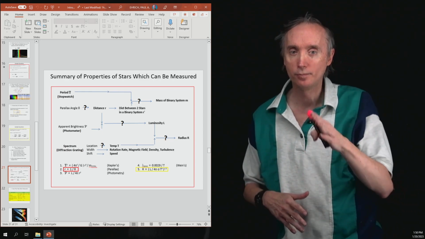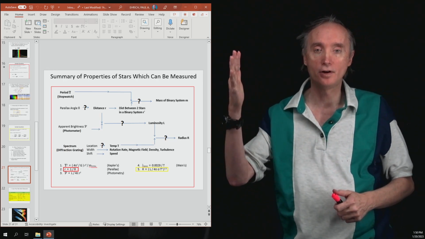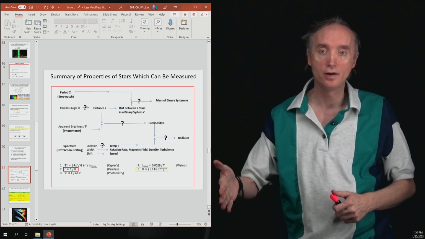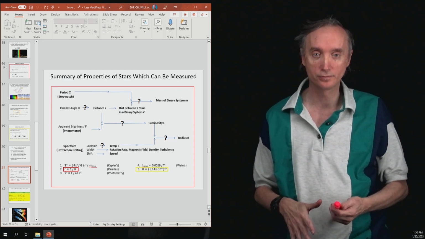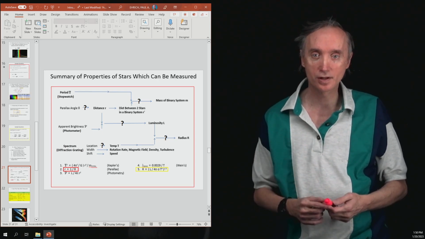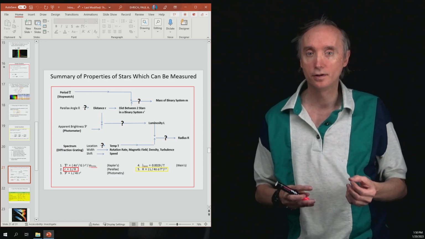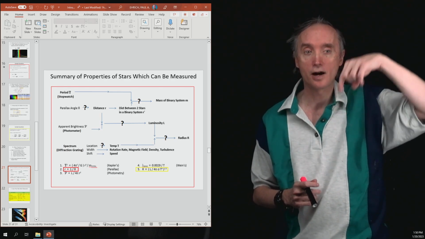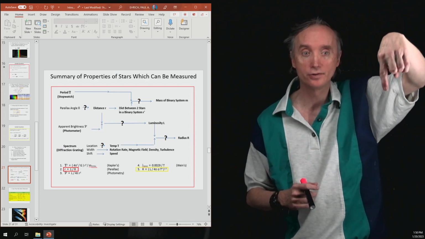Now, if you look up above, you see a flow chart. Starting off on the left-hand side are all the things that we can measure with our telescope. The very first thing is that you can measure the period of an object, such as a star, as it's going around and around something.